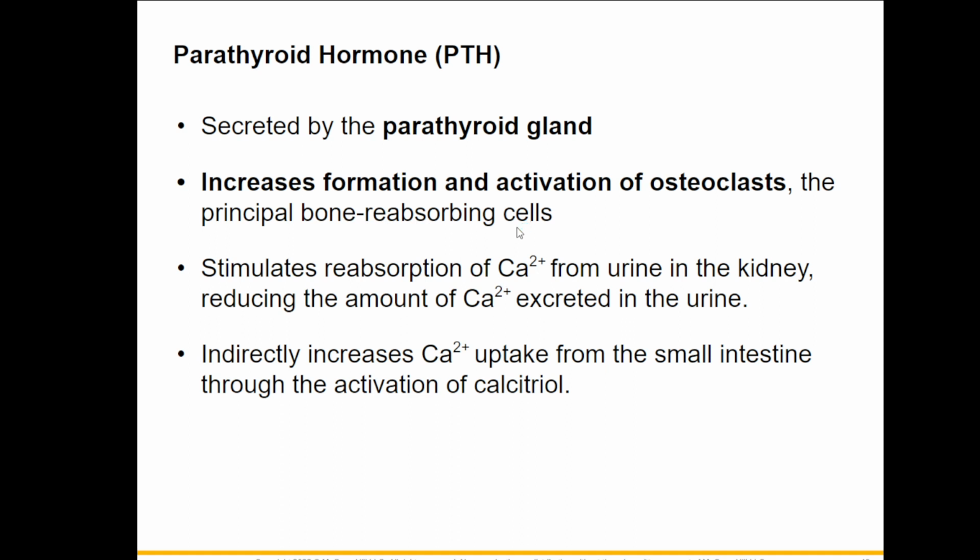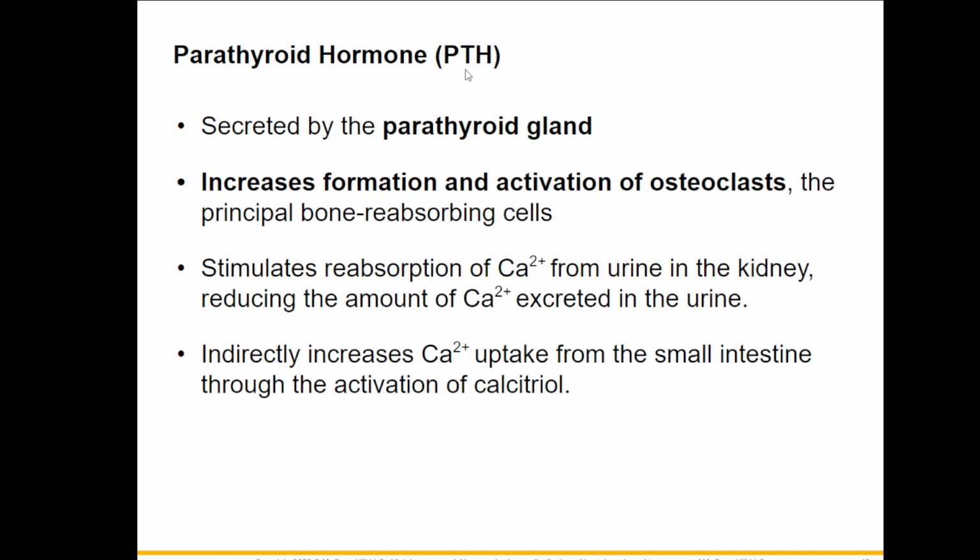PTH also stimulates the reabsorption of calcium from the urine in the kidney, thereby reducing the amount of calcium that is thrown into the urine. So we normally have calcium in our urine, but once we have PTH, it gets that calcium in the urine and brings it back into the blood.